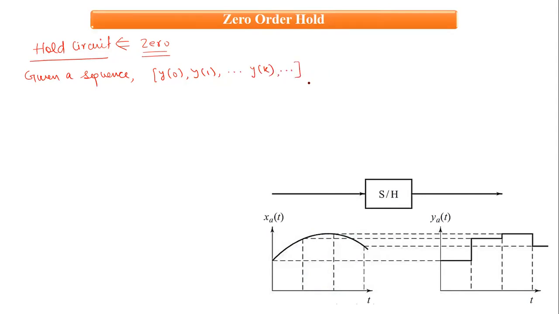Now, we have to construct y(t) from these samples. So how will we construct it? y(t) is basically the analog signal, for t greater than or equal to 0.